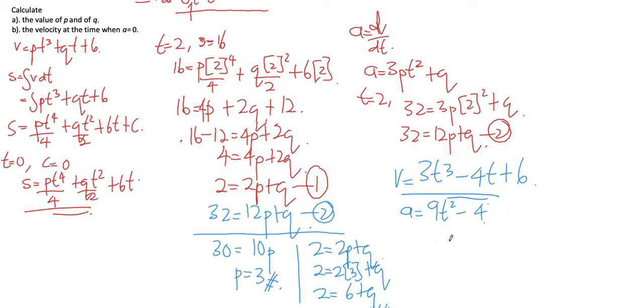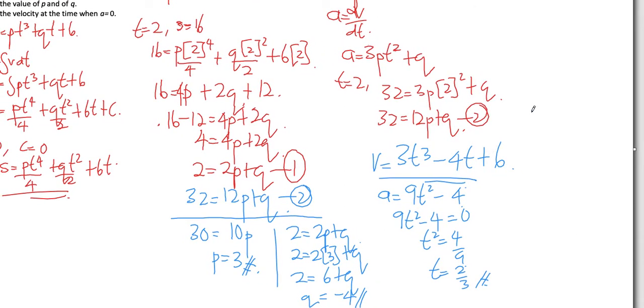When a equals 0, 9t squared minus 4 equals 0. So from there we find t squared equals 4 over 9, therefore t equals 2 over 3. You can't have minus because time is not negative.